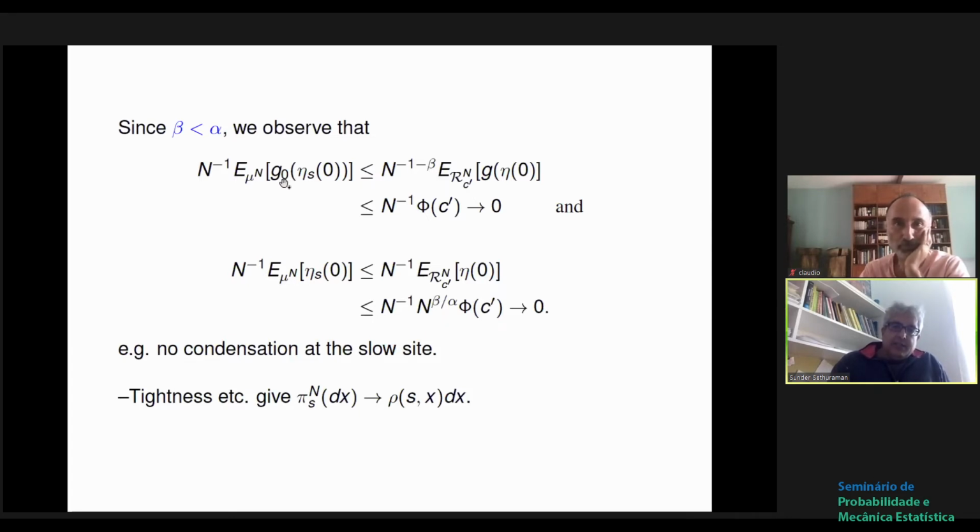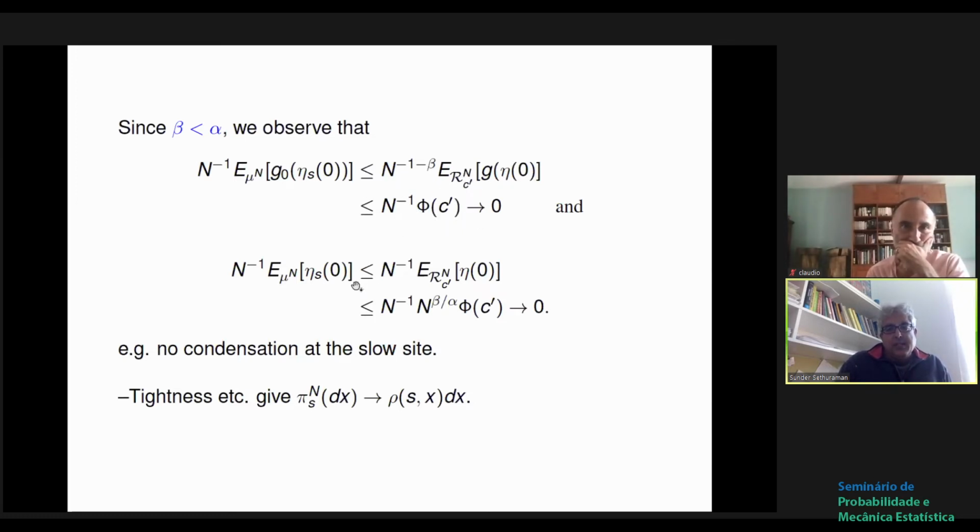And G0 is an increasing function of eta, and so this inequality is allowed. And G0 is n to the minus beta, so I just pull out the n to the minus beta here, and then I have just this one. And this is an explicit computation.